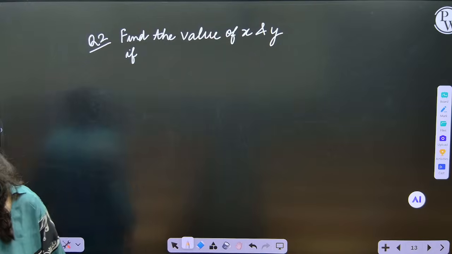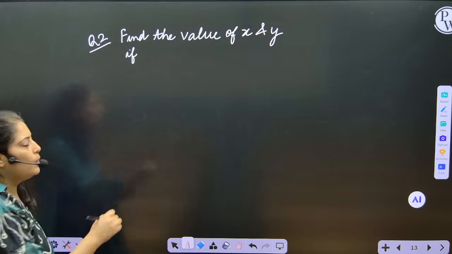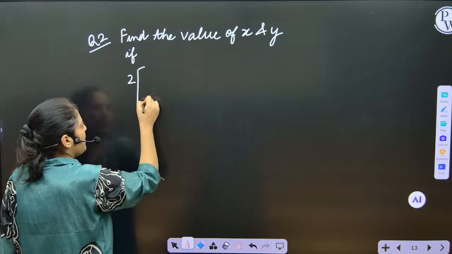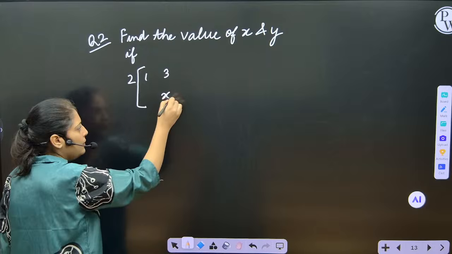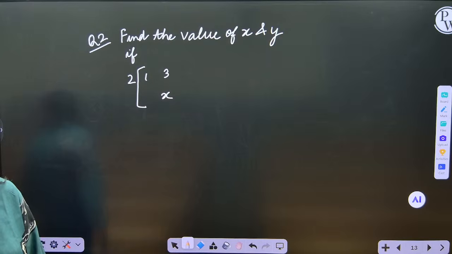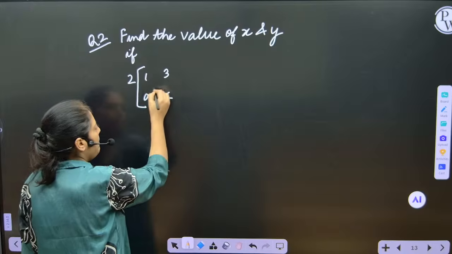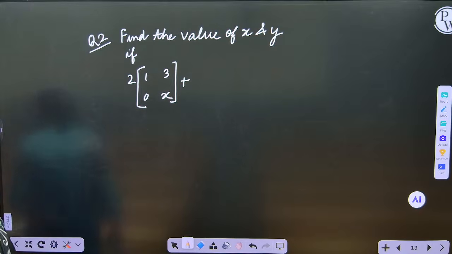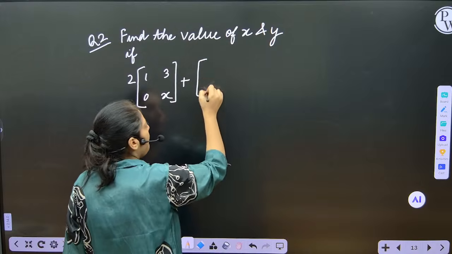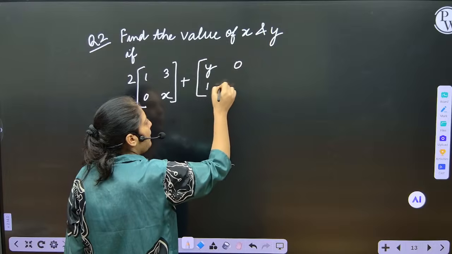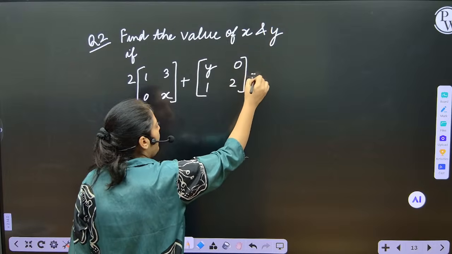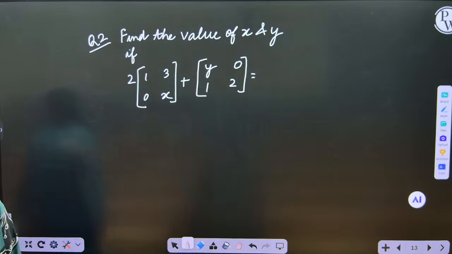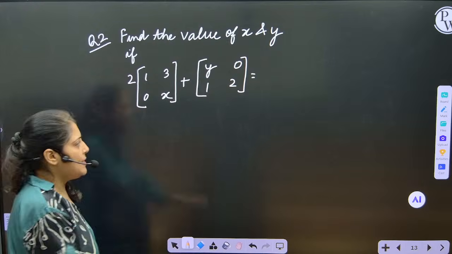The question is 2 into matrix [1 3; 0 x] plus [y 0; 1 2] equals [5 6; 1 8].